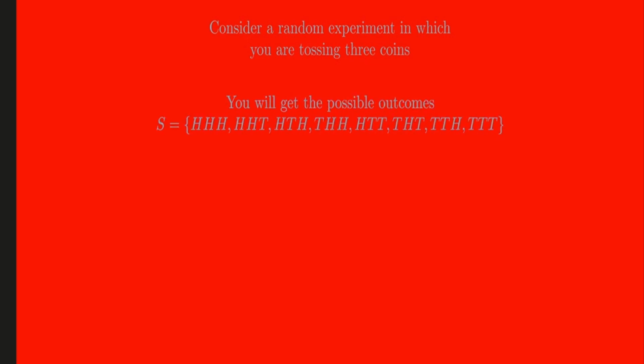If you are tossing 3 coins, you will get the following outcomes: either 3 heads, 2 heads and 1 tail, 1 head, 1 tail and again 1 head, 1 tail and 2 heads, 1 head and 2 tails, 1 tail, head and 1 tail, 2 tails and 1 head, or 3 tails, where S is the sample space, H is the occurrence of head and T is the occurrence of tail.